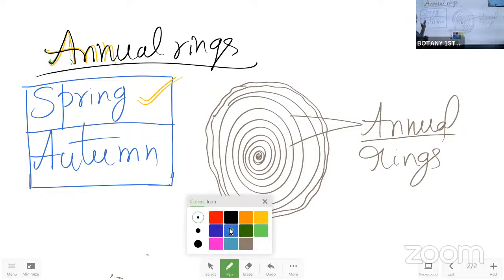Because in the spring season, in the outside weather, the temperature is moderate and moisture will be seen in the outside air, and plenty of soil water will be seen under the ground. So that's the plus point for the plants to start their growth, isn't it?